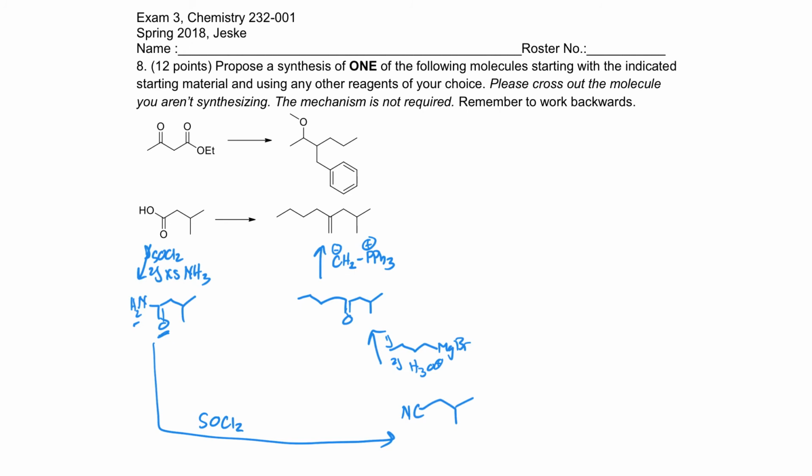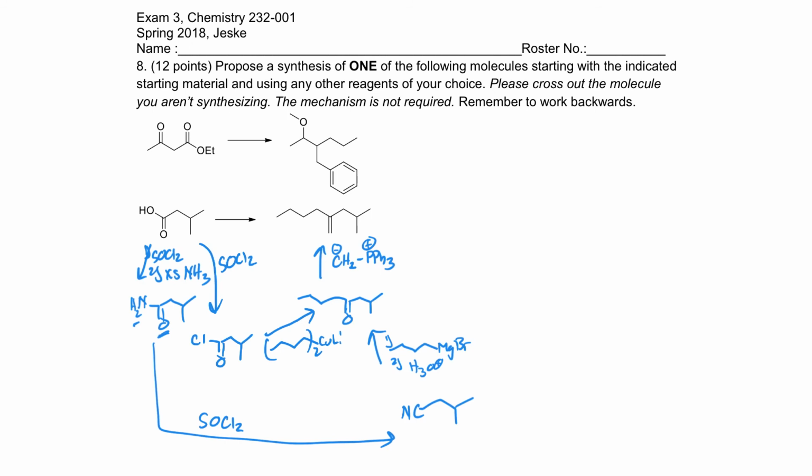Another way would be to add this 4-carbon group to maybe a carboxylic acid derivative that might allow us to produce this ketone. We can add essentially pseudo-Grignards to acid chlorides via the cuprate reagent, and that will give us the ketone.